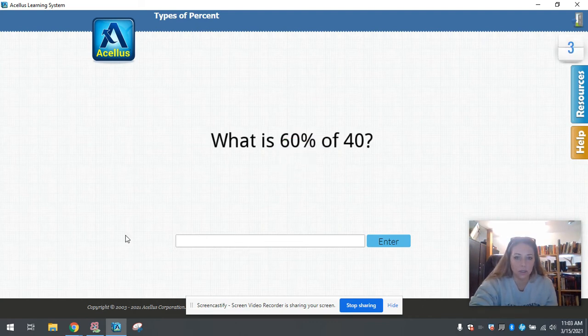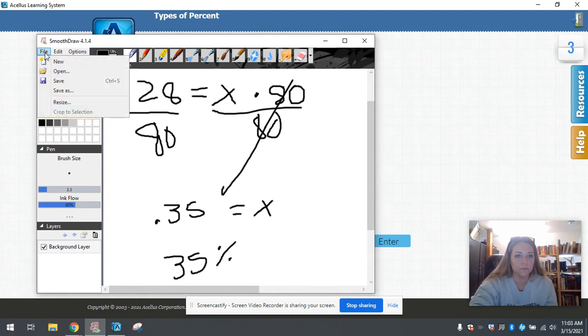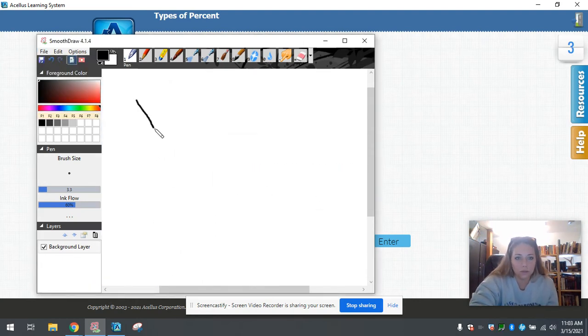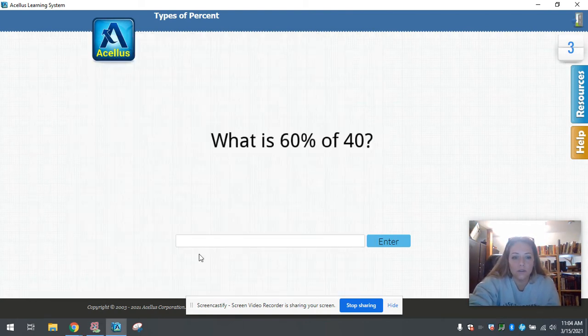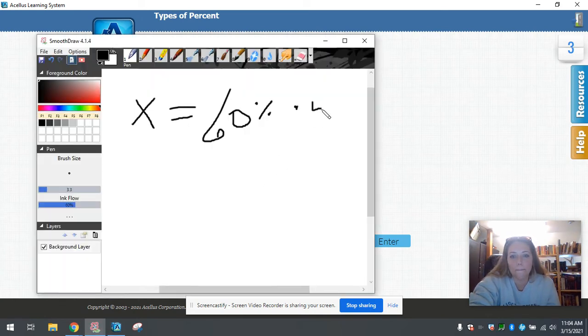What is 60% of 40? What is 60, oh, that's a beautiful 6, percent of times 40. Okay, rewrite the percentage as a decimal. 60% is 0.60 because that decimal says 60 in the hundredths place, and percents are out of 100, times 40 gives me my answer to the what, the variable, the x.